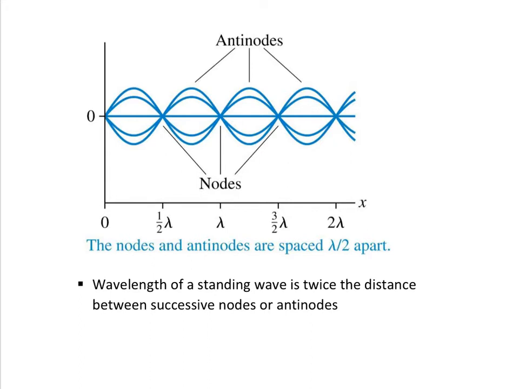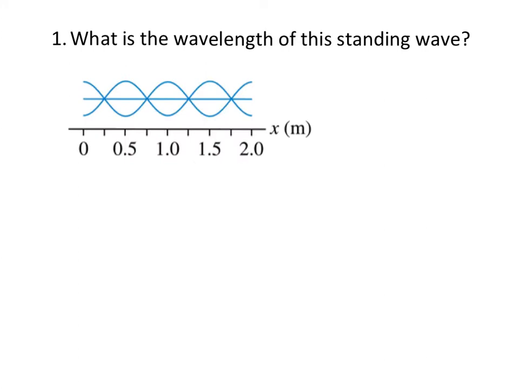Nothing really to memorize other than knowing that this is one wavelength. So from here to here is one wavelength, which is why you've got 2 antinodes. So 2 times 1/2, this would be one wavelength. So a quick example, what is the wavelength of this standing wave?